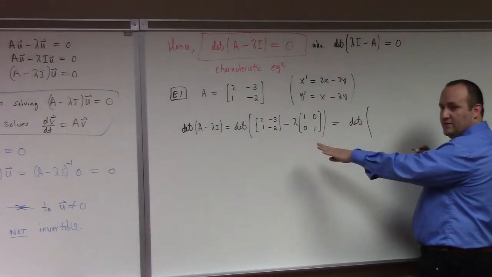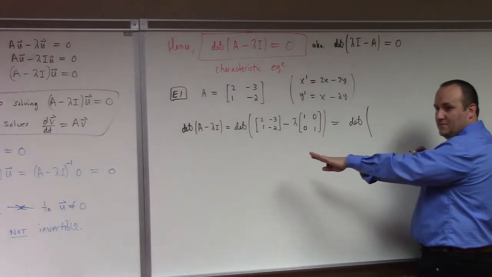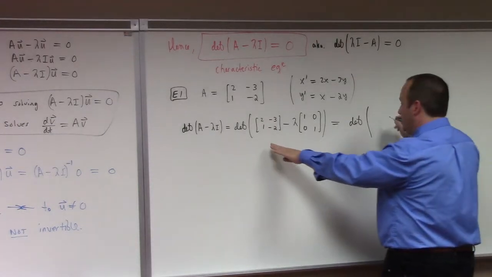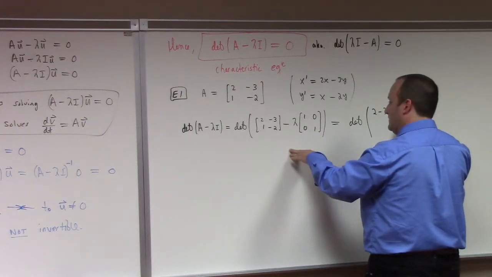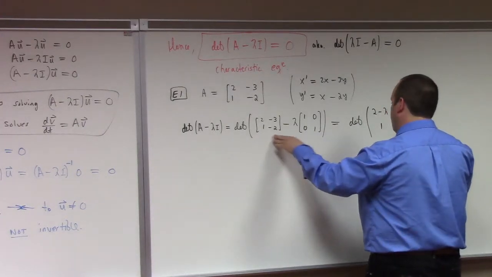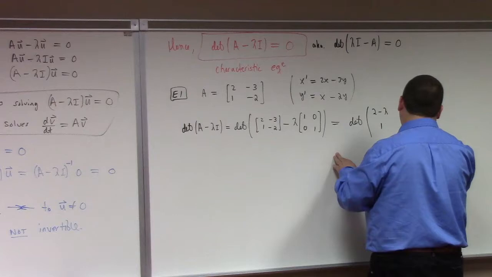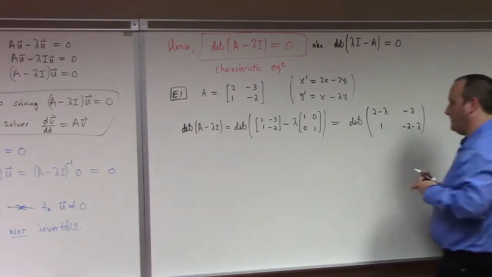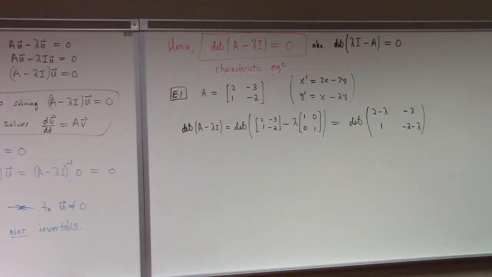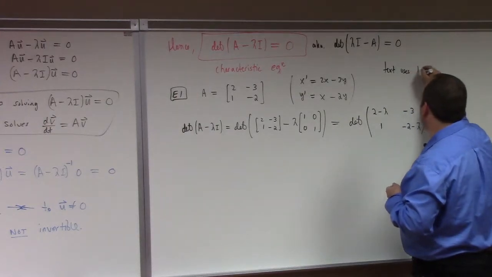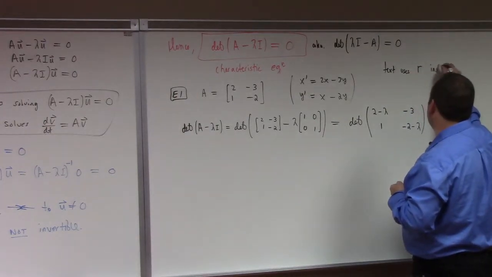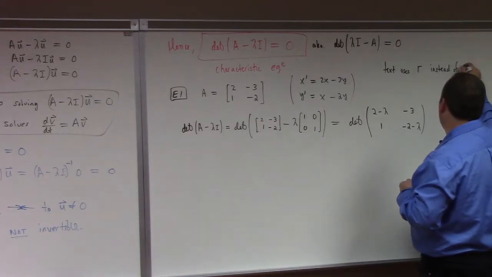I'm writing this down once, but I will soon always jump to what I'm about to write, which is 2 minus lambda, minus 3, 1, minus 2 minus lambda. By the way, if you don't like lambda, you could use r. I think the text uses r instead of lambda. I will use lambda.